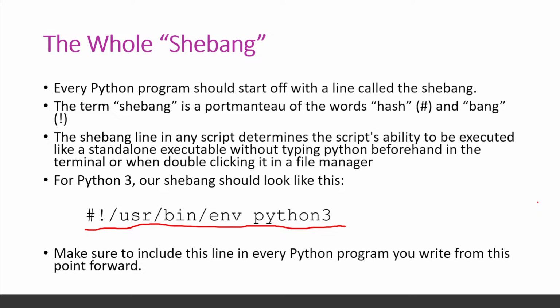Maybe at some point an English teacher talked to you about a punctuation mark called an interrobang, which is like a combination of a question mark and an exclamation point. So an exclamation point is also known as a bang.